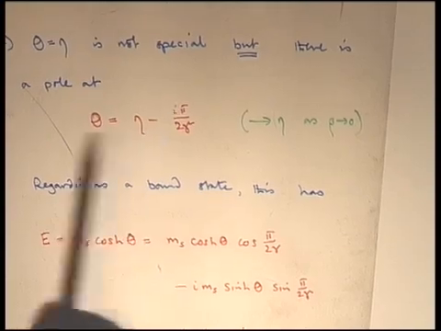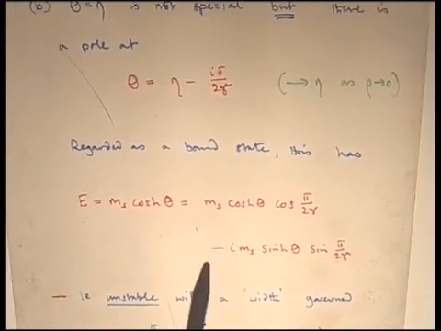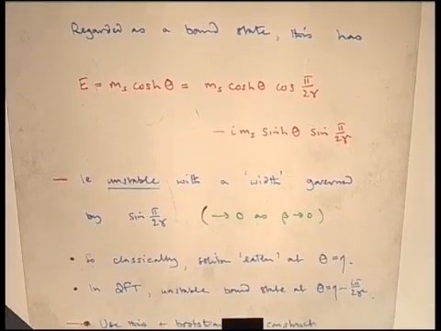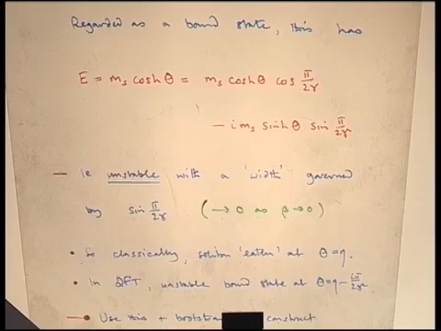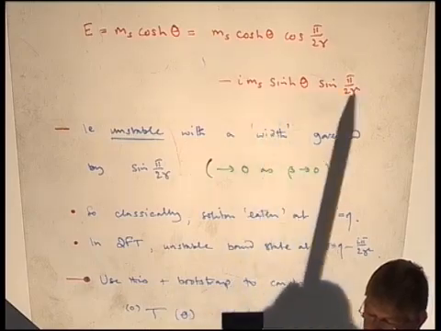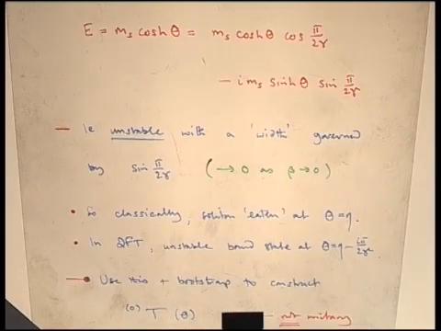If we work out the energy of this state, then you see that its energy has an imaginary part, and the imaginary part has the right sign to indicate a state which is unstable, and the width of the state is proportional to sine pi over 2 gamma, and clearly that goes to 0 as beta goes to 0.